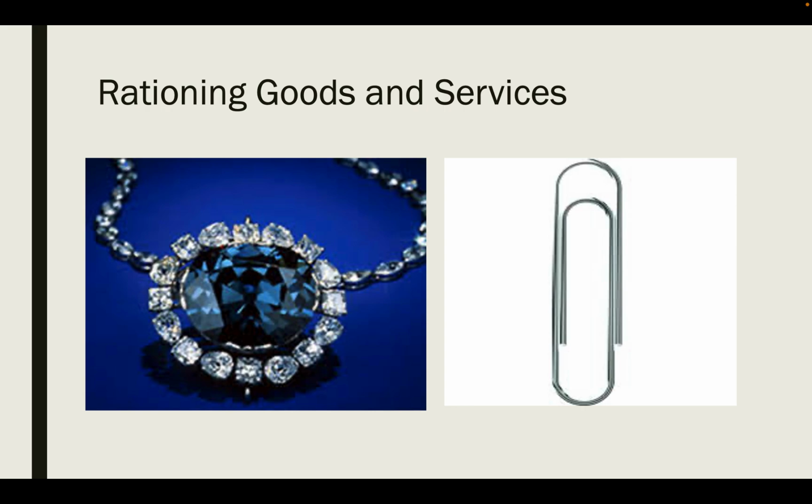The diamond with the sapphire is going to be very expensive relative to a paper clip. And why is that? Because paper clips are far less scarce. It doesn't require the type of resources. It's not as difficult to come by as it is to have diamonds and sapphires. So the more expensive something tends to be, the more scarce it is. The less expensive, the less scarce it tends to be.